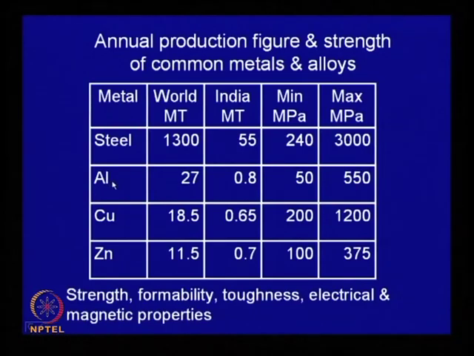In fact, aluminum also became available in bulk in the beginning of the 20th century. This also gives the figures for copper, another common metal, and zinc. Metals are very popular materials of construction because of their unique properties: strength, formability, toughness, and electrical and in some cases magnetic properties.